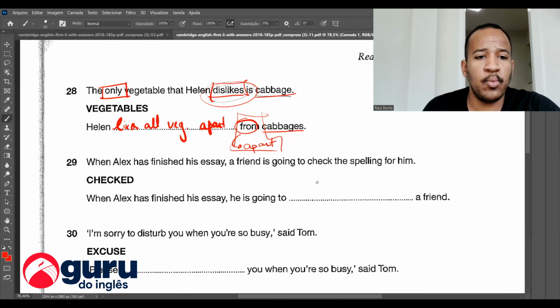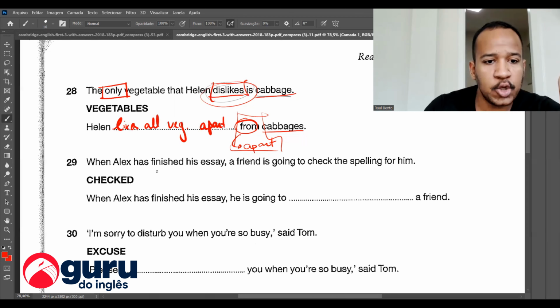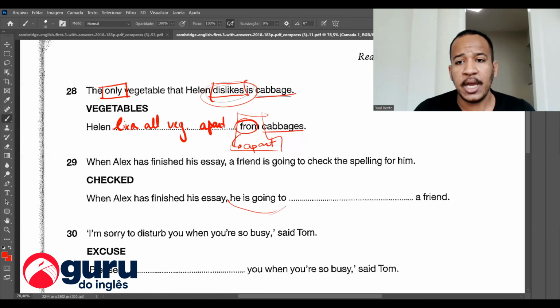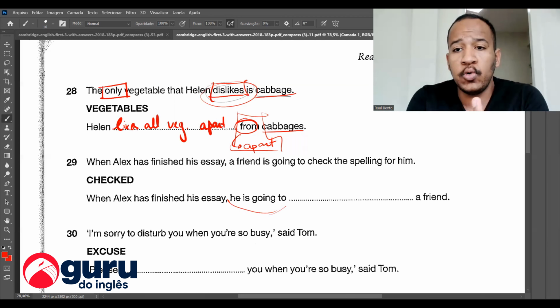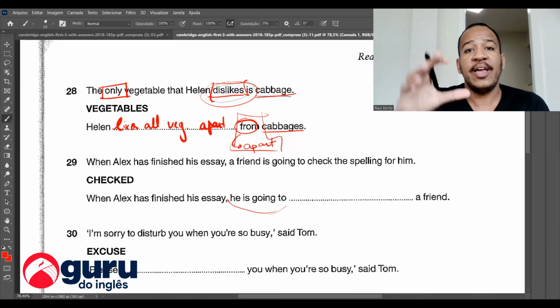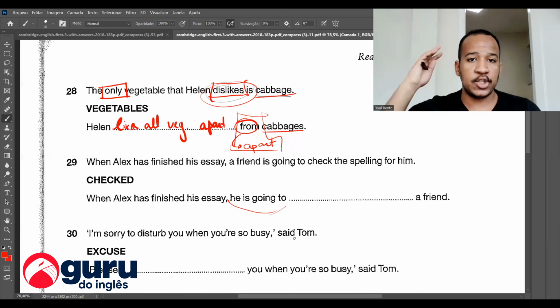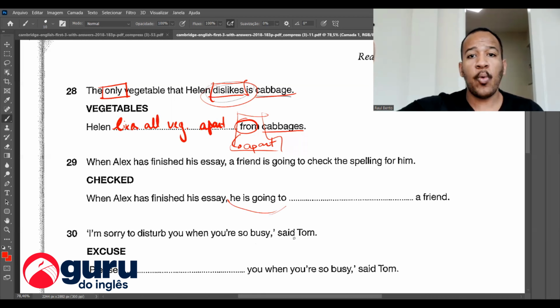So in the 29, what we have: when Alex has finished his essay, a friend is going to check the spelling for him. So here we have, again, to change the position. When someone does something for me, I have this stuff done by another person. For example, suppose that a friend will paint my house.